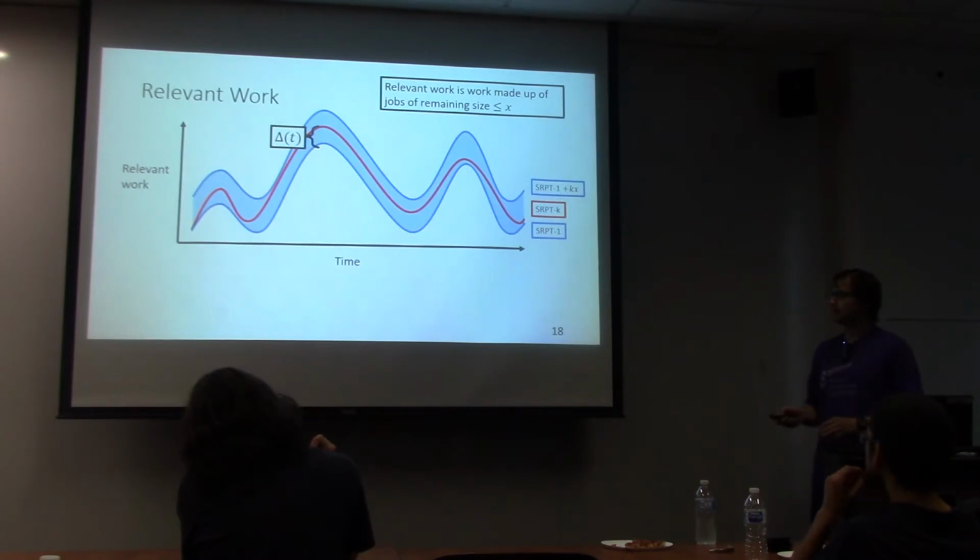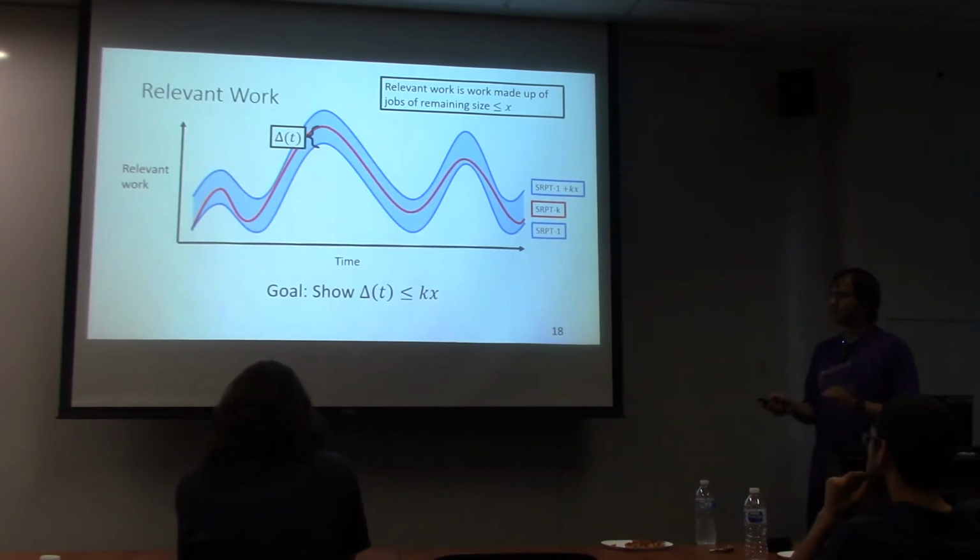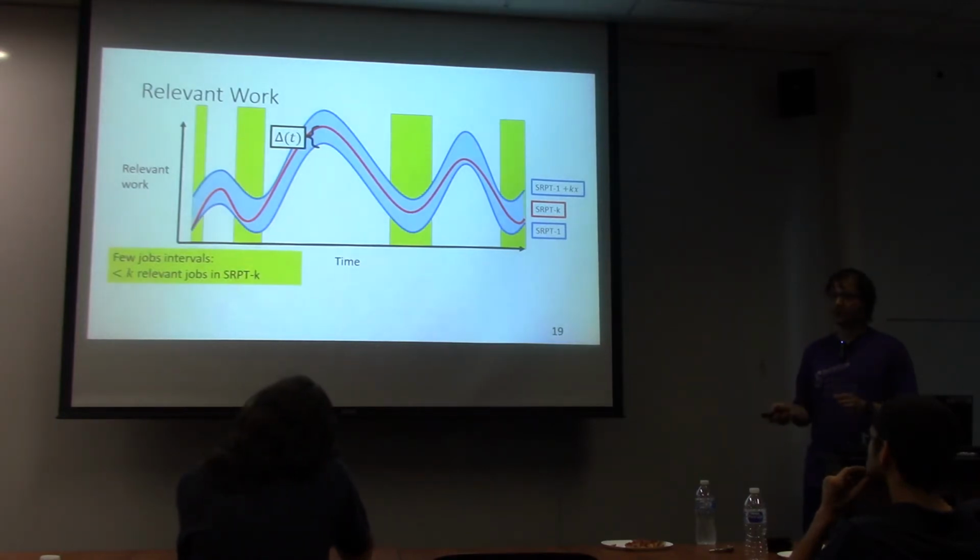All right. So our goal is to show that delta t is never more than kx. So the way we're going to do this is by dividing time into two periods. We're going to have few jobs intervals where there are less than k relevant jobs in the SRPT-k system.